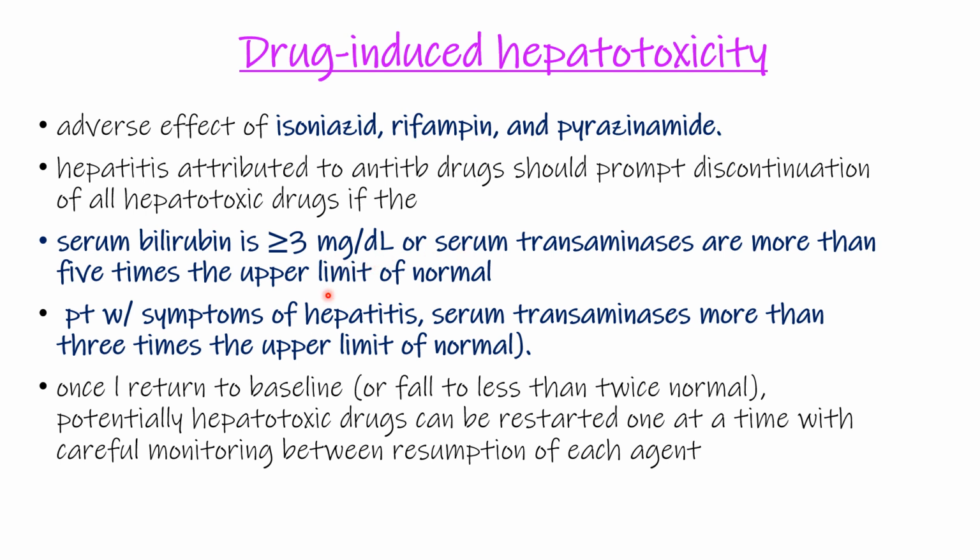Once the serum AST, ALT, and bilirubin return to baseline, or fall to less than twice the normal, then the potentially hepatotoxic drugs can be restarted one at a time. When you restart the drugs, you don't just restart all of them at once. You start one after the other.